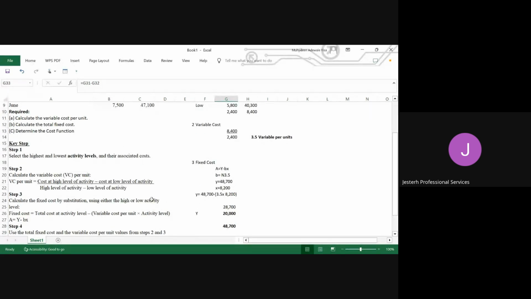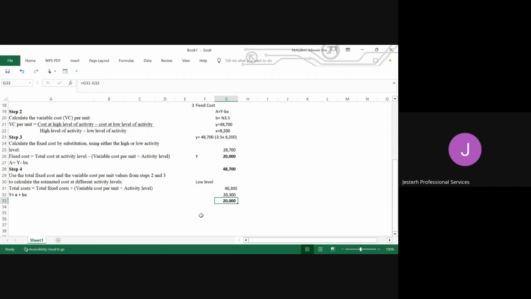Now, requirement number 3 says we should determine the cost function. After we have determined the variable cost per unit, the variable cost in total, and the fixed cost as well, how can you construct the total cost function?